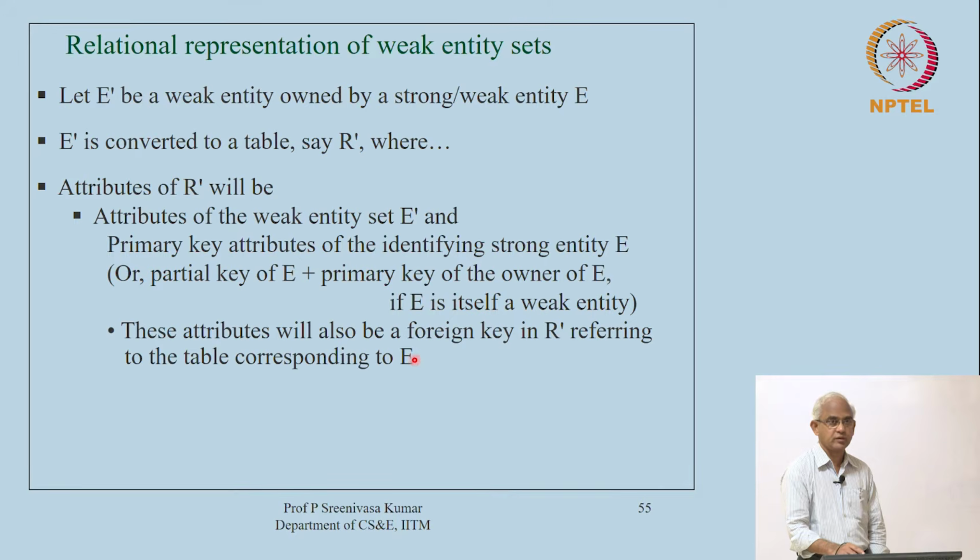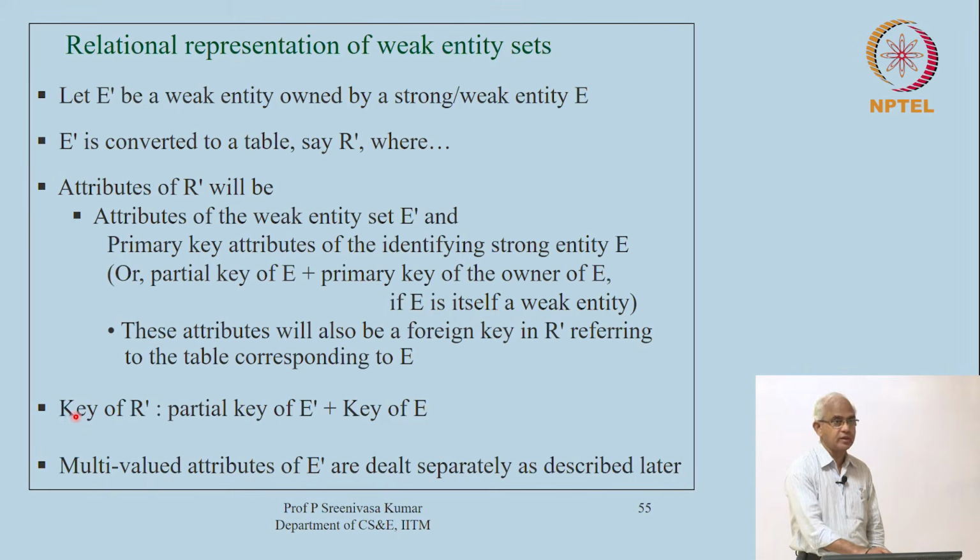The owner entity has been mapped to a table, and so the primary key attributes of that, which we have included into the table of R prime, will be the foreign key in R prime referring to the table corresponding to E. We will see some examples and then it will become clear.